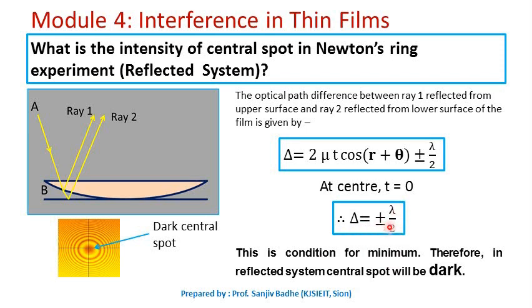So the optical path difference is equal to 1 into lambda by 2. This is the condition for minimum, and therefore in the reflected system the central spot will appear dark. At the central spot, the condition for minimum is satisfied, and therefore the central spot will appear dark in the case of Newton's ring experiment in the reflected system.